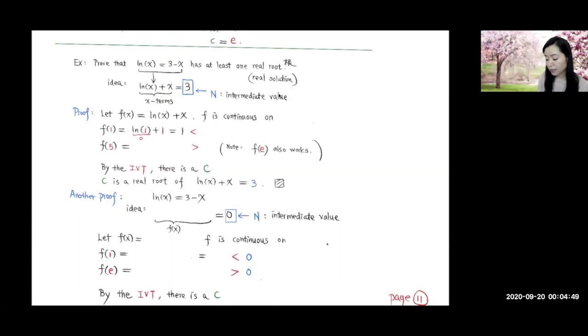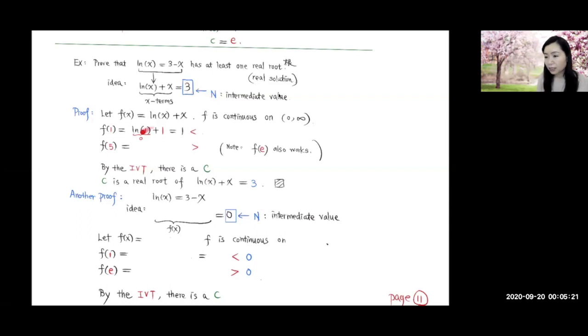Okay. Now this function is continuous on 0 to infinity, and this is continuous on all real numbers. So when you consider both of them, the function is continuous on 0 to infinity, not including 0. Okay. Now, this intermediate value here is 3.